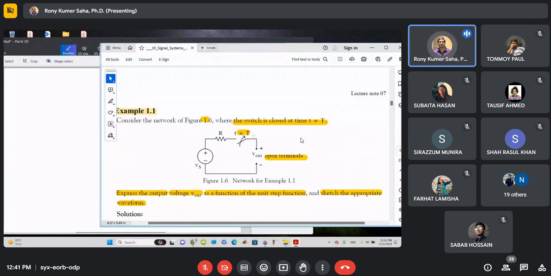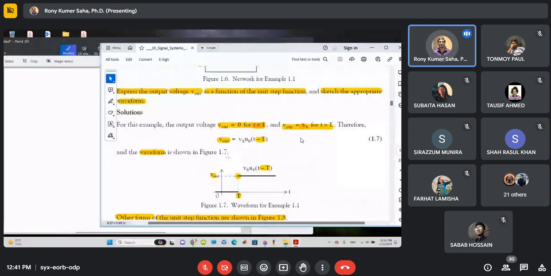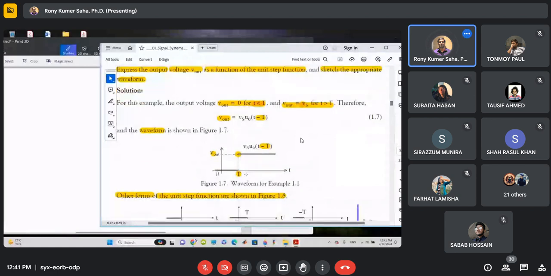Here you can see that instead of 0, the switch is closed at t equal to capital T. Everything else is the same, right? So for any value less than T, the system response is 0, and for values greater than T, the output is basically the input function. So you can easily write this. The response should be like this, yeah?